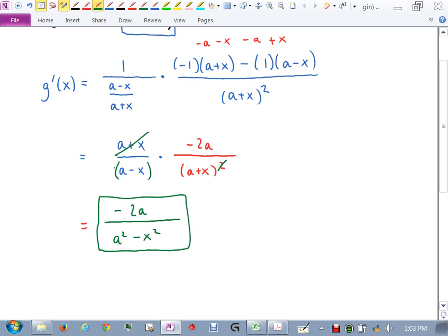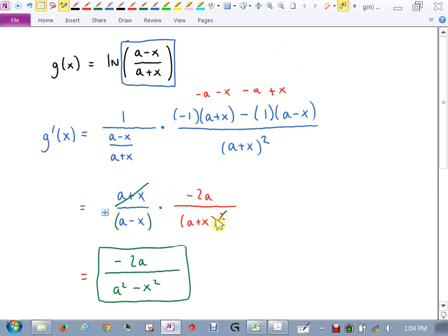If I were doing this problem, I would not have done it that way. I would have used the fact that this looks like natural log of something over something, and there's a property of logs that says that turns into natural log of u minus natural log of v. Division inside of a single log turns into two different logs separated by subtraction.